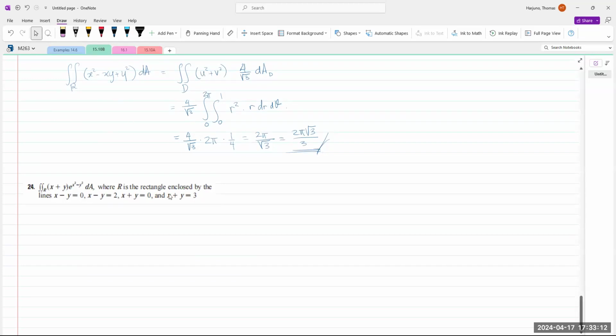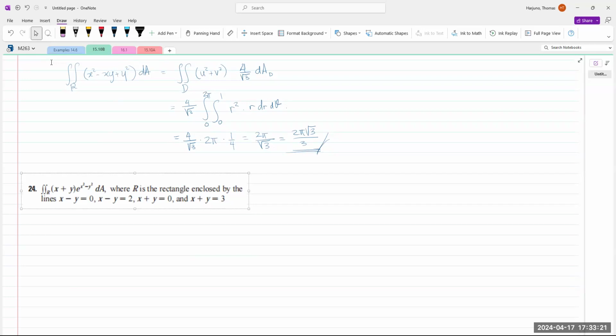Okay, let's see number 24. Consider this integral over domain R, where R is a rectangle enclosed by, it sounds nice until you see what kind of rectangle it is, a painful, ugly one. So it is a rectangle with x minus y equals 0, which means y equals x, so it's this one here.